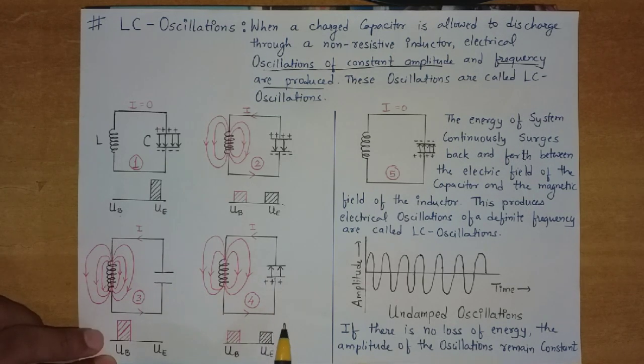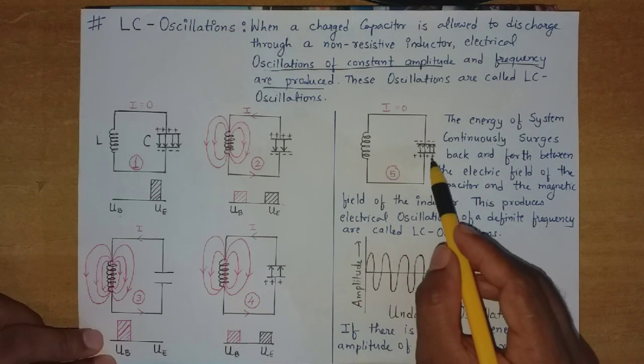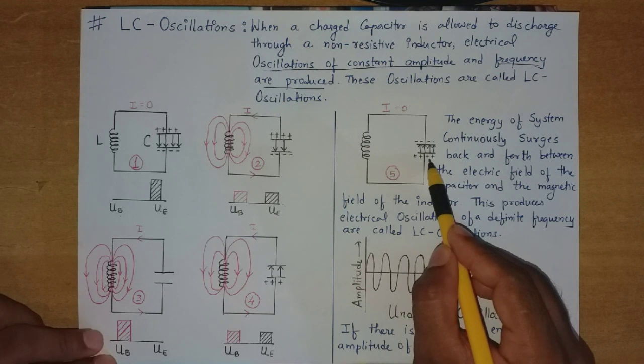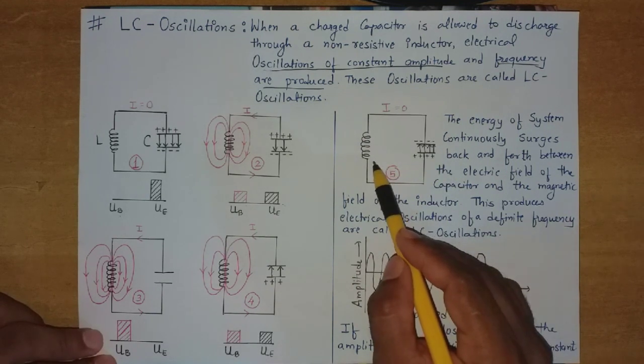Clear? So again, the capacitor's electrostatic energy increases from 0 to half, while the magnetic energy of the inductor reduces from maximum to half. Clear? Finally, again the circuit comes to a condition in which the capacitor has maximum energy, while the energy of the inductor is 0. Clear?